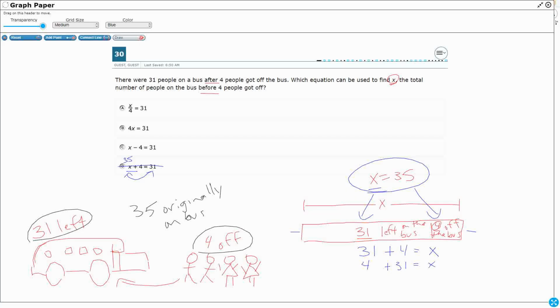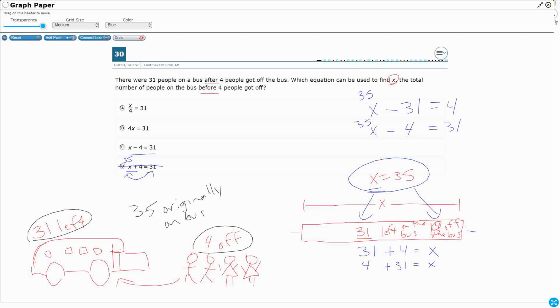So I can say x minus 31, right, is going to get you this 4. And if we substituted in this for 35, that makes sense. Or we could say x minus 4 equals 31. Substituting this 35, this also makes sense. And you notice that that's right there.